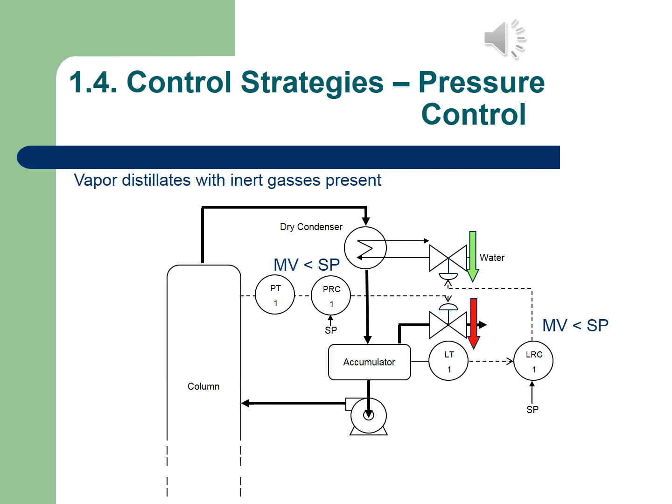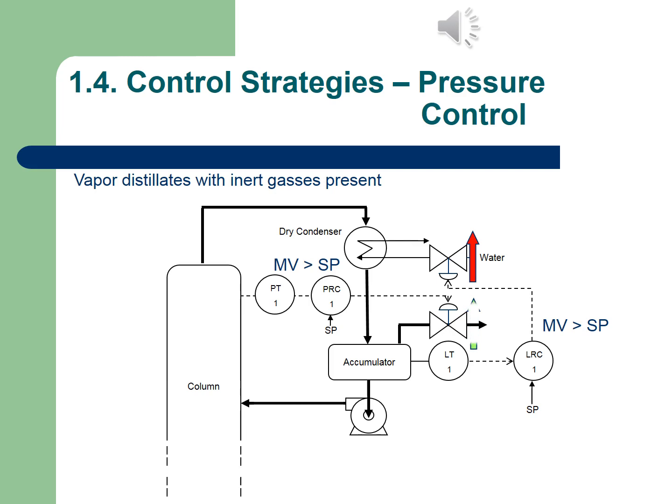We can throttle open, or if the pressure is not too high, measured variable smaller than a set point, we can keep that valve closed on the accumulator. Okay. And then also with the water, we can see how much we actually need to condense of this vapor that goes into the accumulator due to that level that's actually measured on the accumulator.